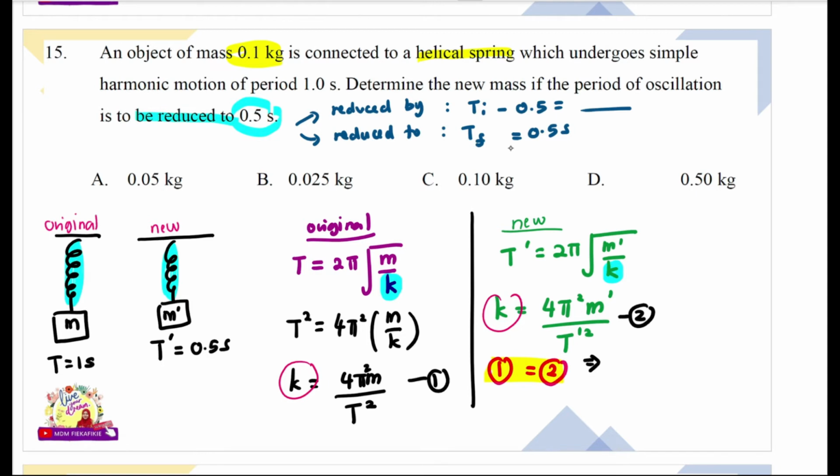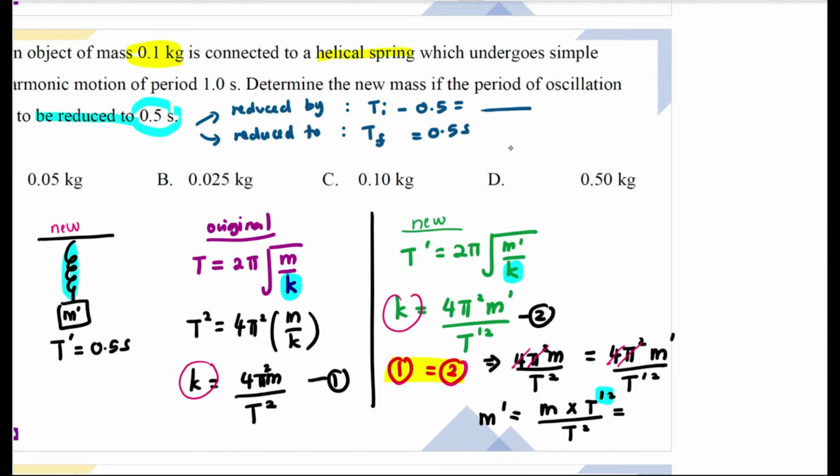So we can write 4 pi squared M over T squared equal to 4 pi squared M prime over T prime squared. Jadi apa yang kita boleh cancel adalah 4 pi squared. Okay, therefore we can find M prime is equal to M times T prime squared over T squared. Jangan lupa ya, yang prime ini yang baru, yang new. Okay, so masukkan nilai dia.